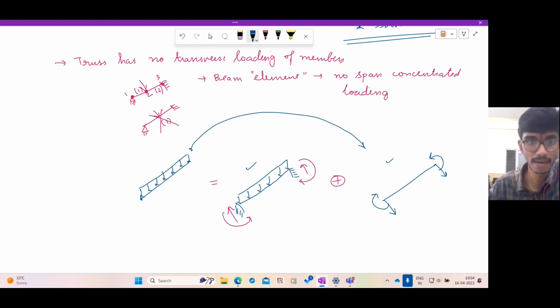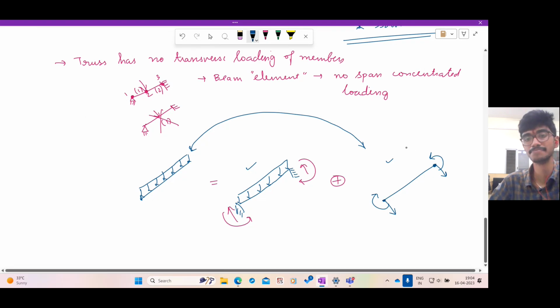So when subjected to a span loading, the way in which the various nodal degrees of freedom are related to each other by the stiffness matrix is exactly the same as if you apply the negative of the fixed end reactions to the same beam. So that is how you treat these cases. I hope it's clear. Is there any doubt?